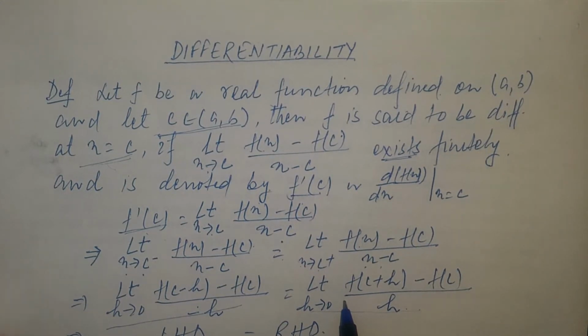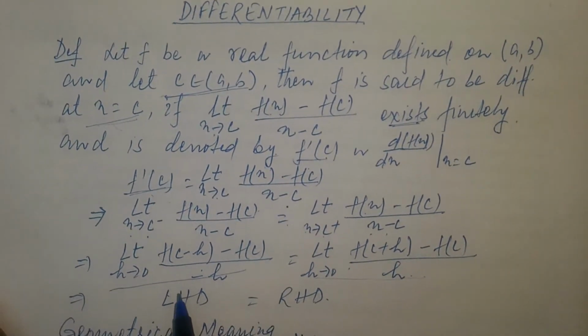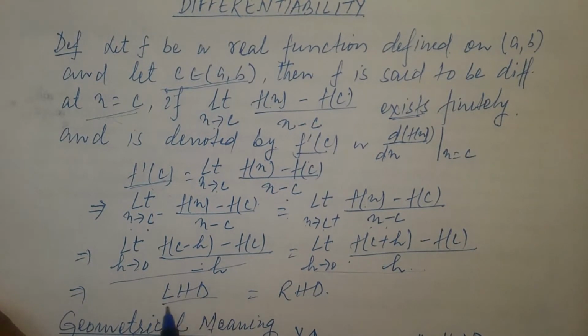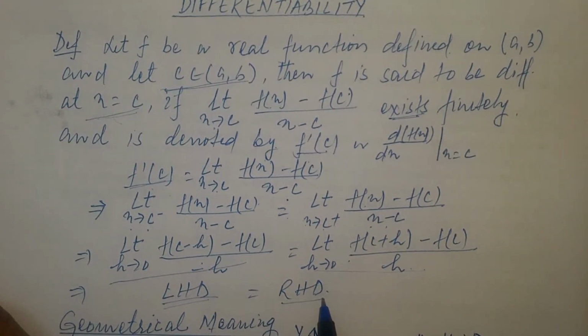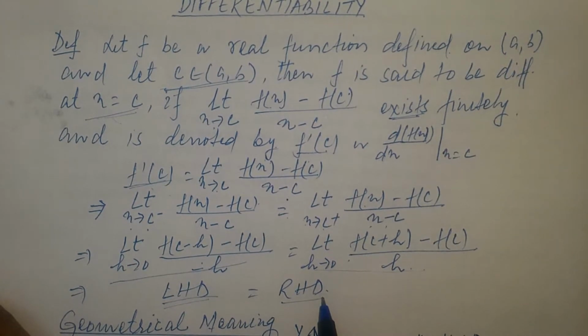This left hand limit we call the left hand derivative, and the right hand limit we call the right hand derivative. They should exist and they should be equal. If they exist and they are equal, then we say the function is differentiable at x equal to c.